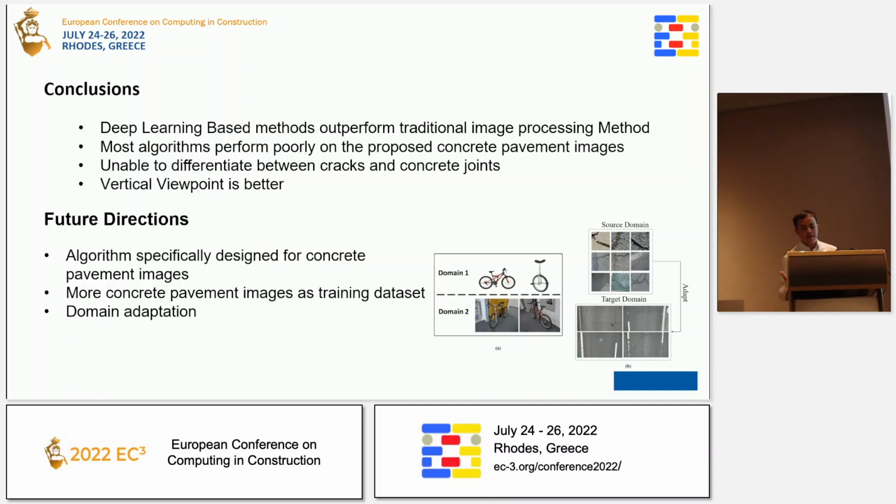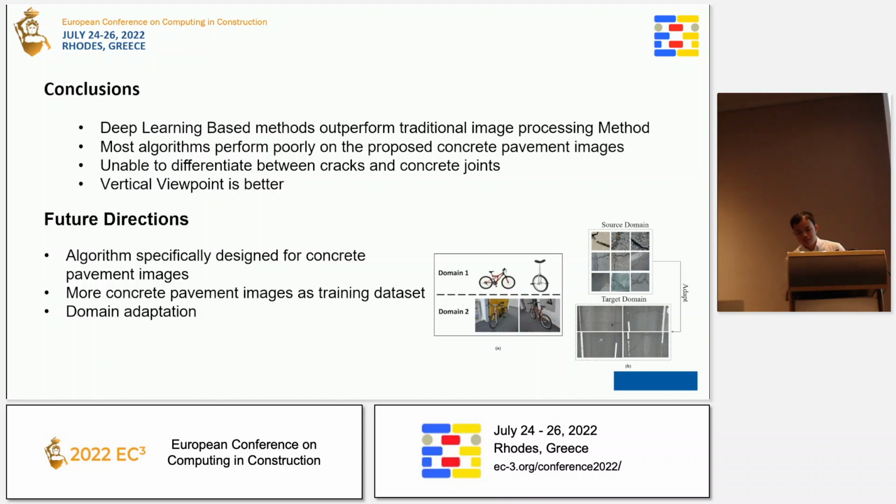As I said, this is because it's quite hard to differentiate the cracks and concrete joints, and not a lot of researchers are focusing on this perspective. Also, the vertical viewpoint is better judging by those results, so if it's possible, we should capture images at the vertical viewpoint.